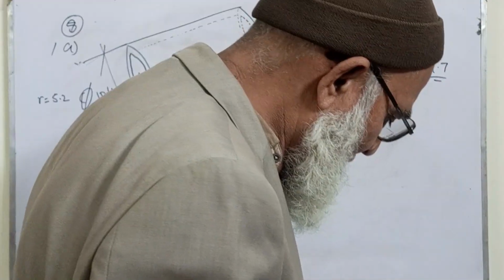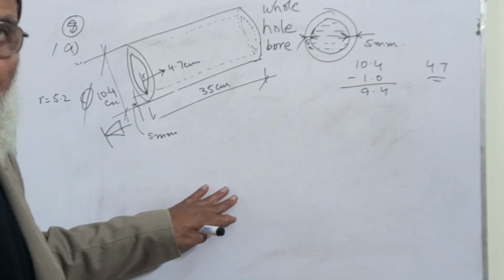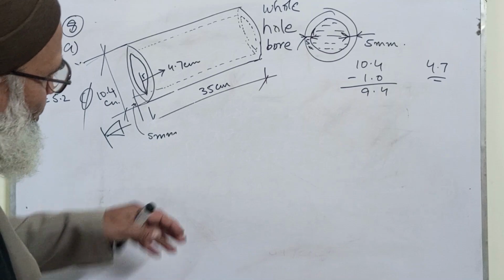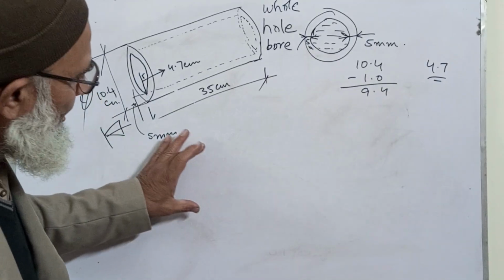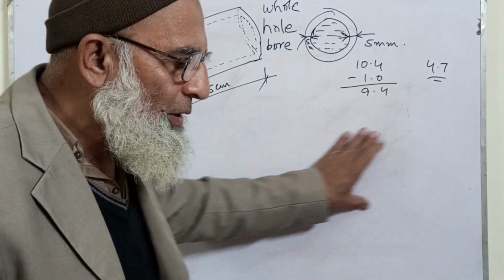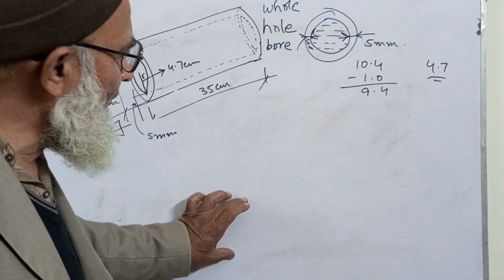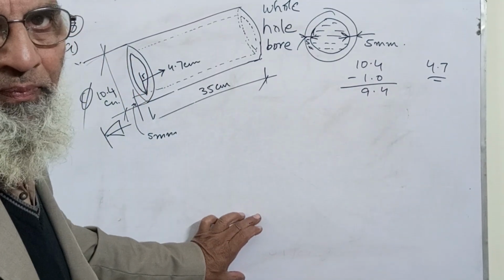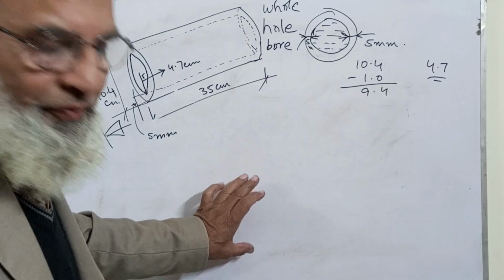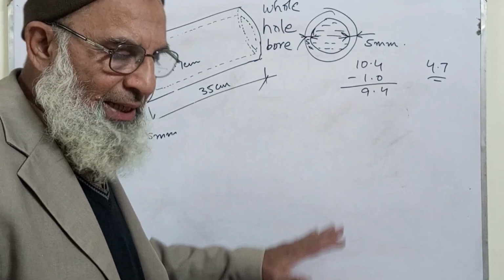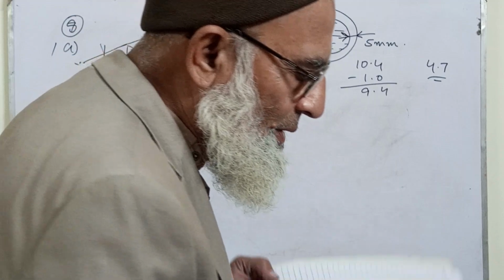554 is correct. Okay, my dear students, I had a little confusion. The formula which we wrote here was the answer of B, and the answer of that formula was 554. B and C. Now only D part is left.